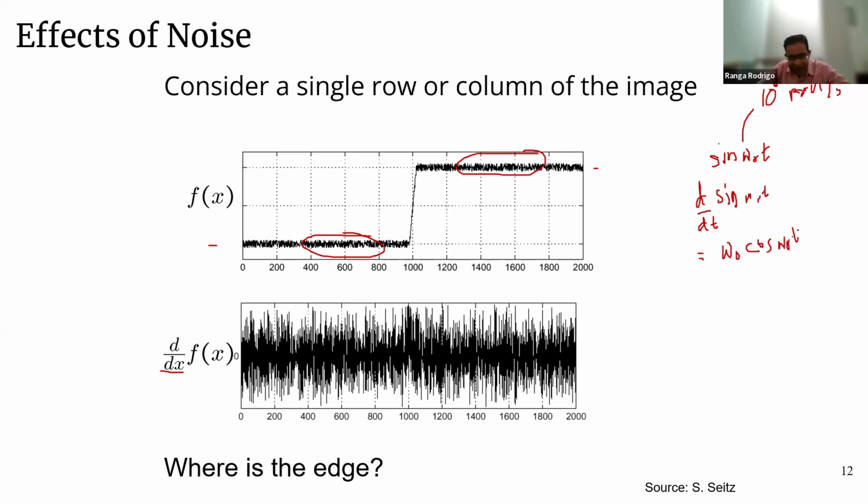So you can see if your frequencies are very high, that means noise, you will have this multiplier at the front after the derivative. That's why these noisy things are so amplified. So this is not good. That means you cannot get the derivative on a noisy image. It's not possible to do.